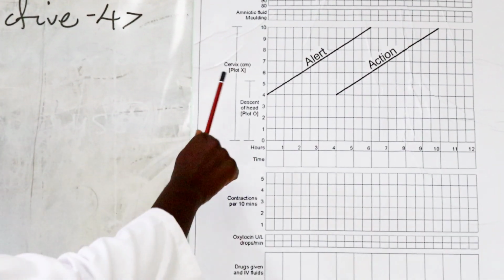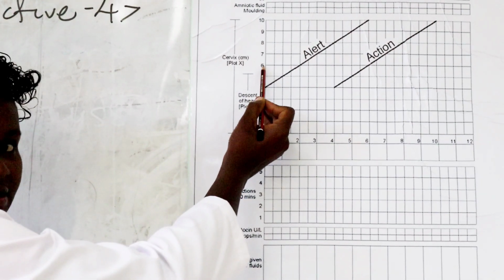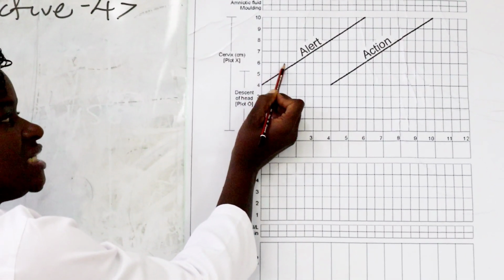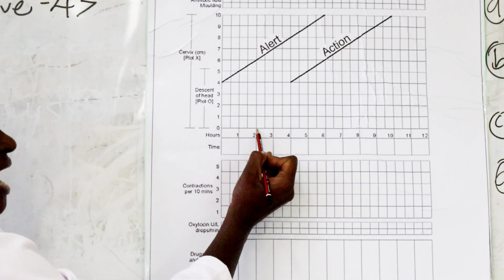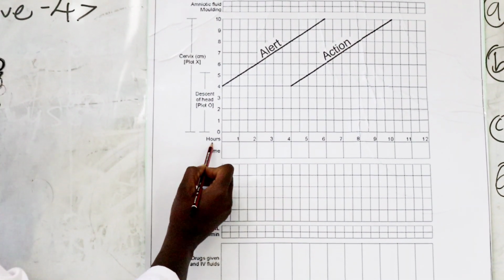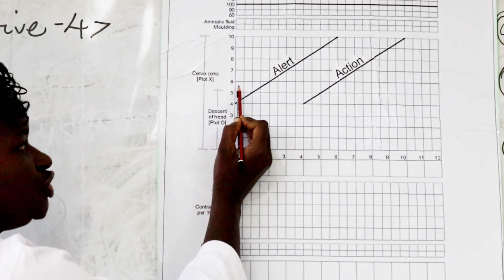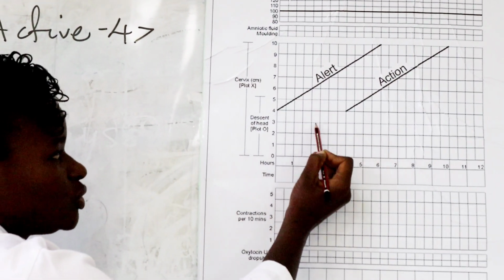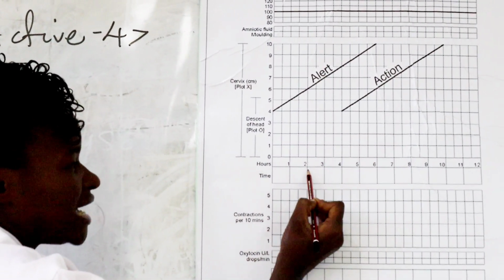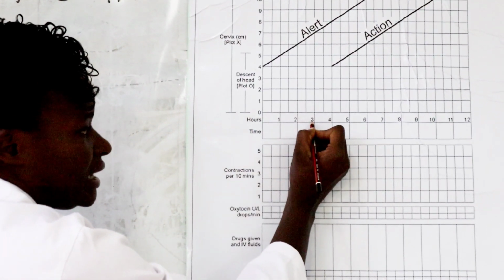So if our cervical dilatation is at 6 centimeters, then we move with that 6 centimeters up to the alert line and we drop down to where we have the part written hours. If you're starting your partogram at 10 a.m., the line that you've dropped from 6 centimeters is what you come with and write down in the hours section: 10 a.m.